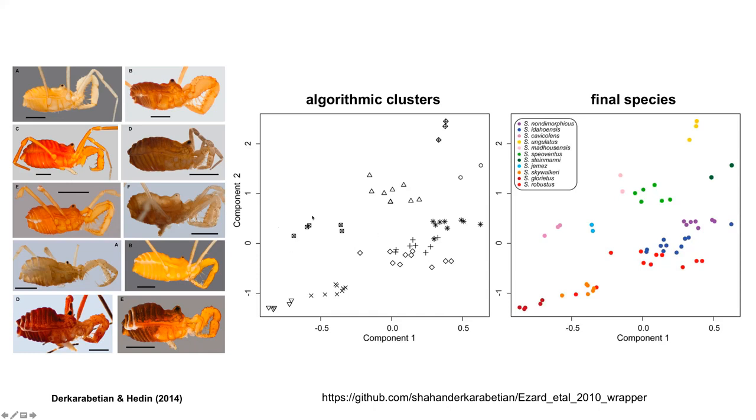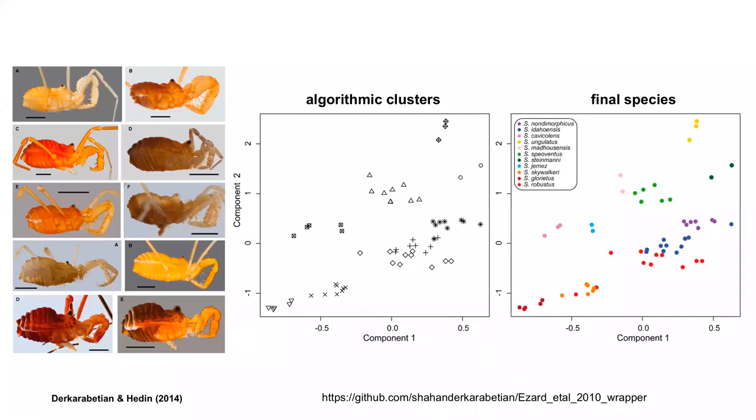And this was a follow-up paper to the one I just dismissed, where we use morphometric data and identify these morphometric clusters objectively. And for the most part, they correspond to final species based on morphology and genetic data in various analyses. So I really like this approach.